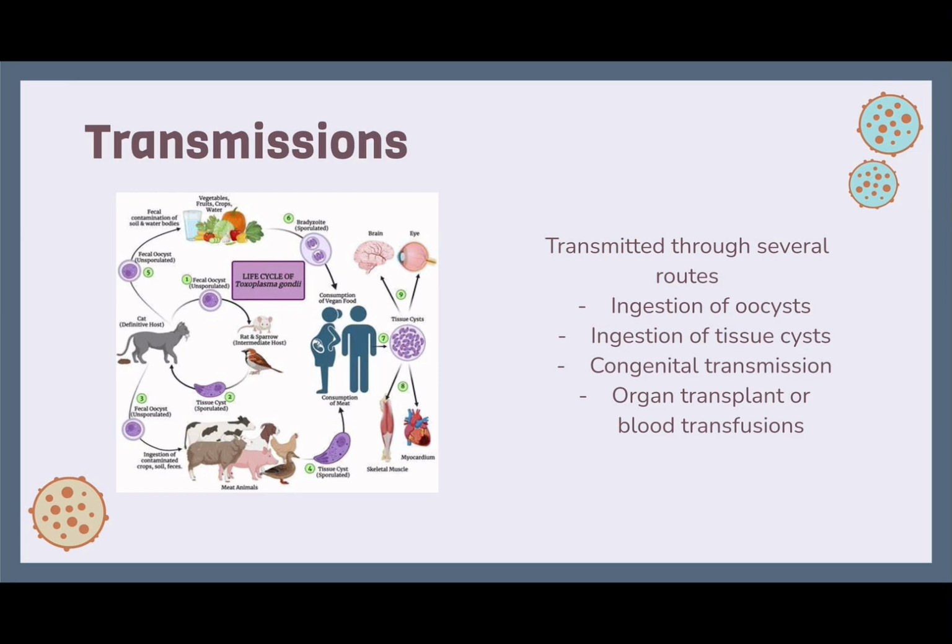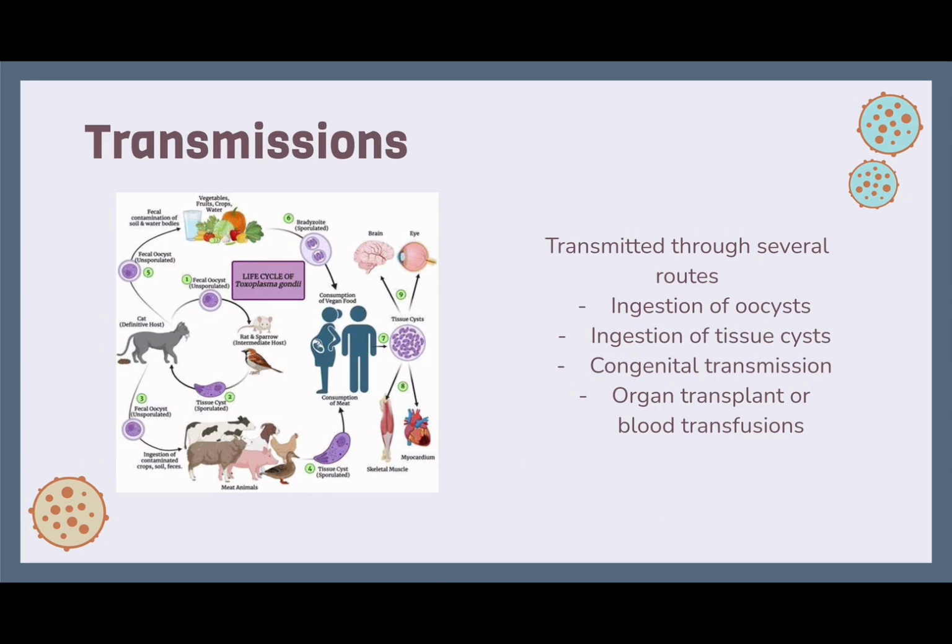Transmission. Toxoplasma gondii can be transmitted through several routes, including ingestion of oocysts, which would be consumed in food or water that is contaminated with oocysts shed in feces of infected cats. Ingestion of tissue cysts is when you eat raw or uncooked meats contaminated with tissue cysts.